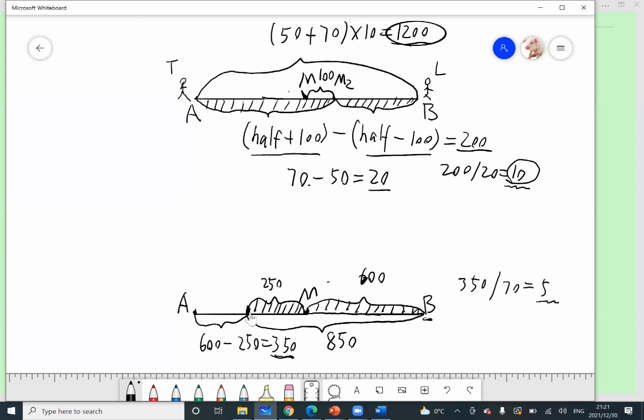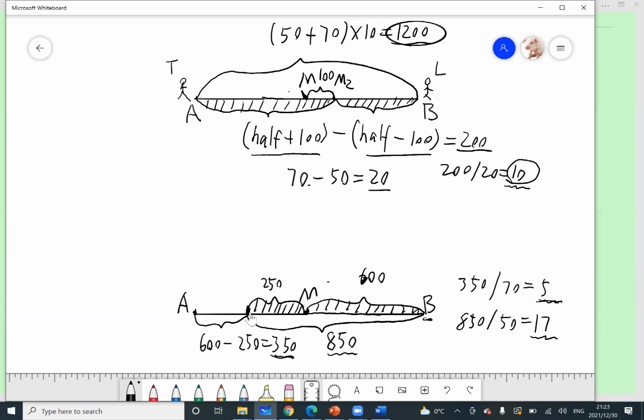And how about Larry? Larry traveled 850 meters and his speed is 50, so it's 17. So Larry spent 17 minutes traveling. Actually, the two persons start moving at the same time and they meet at the same time. So they should have spent the same amount of time on the way, right?